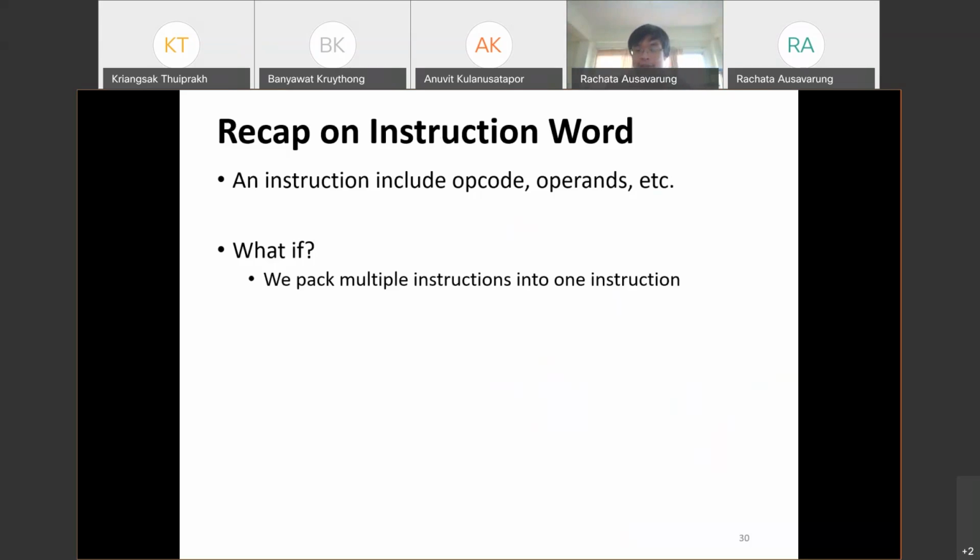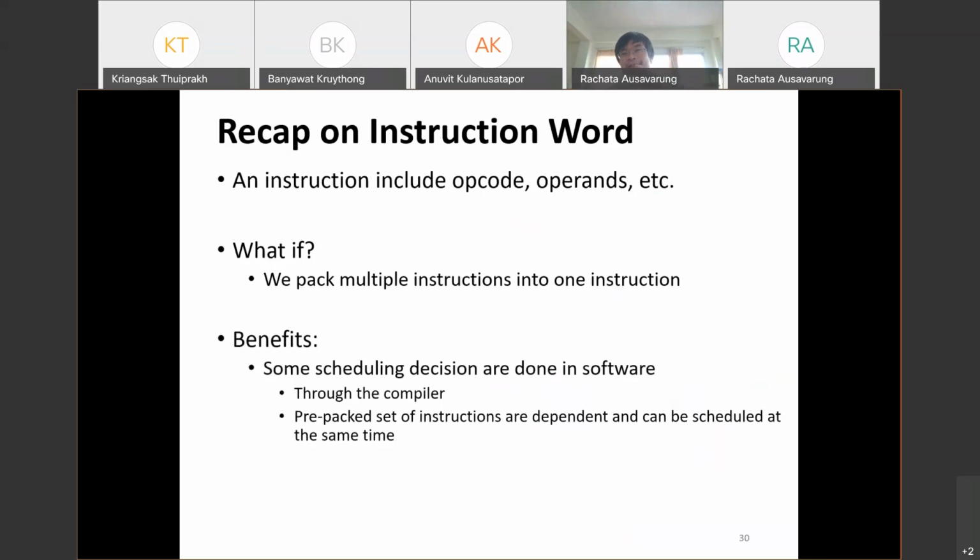Okay, if there's no question so far, the benefit here is this. Some of the scheduling decision is now can be done in software. Why? I can do this by scheduling some of the instruction into the first slot, second slot, or the third slot, or the fourth slot of my instruction word.